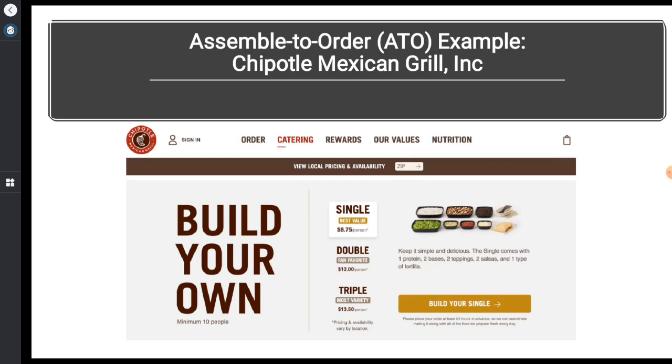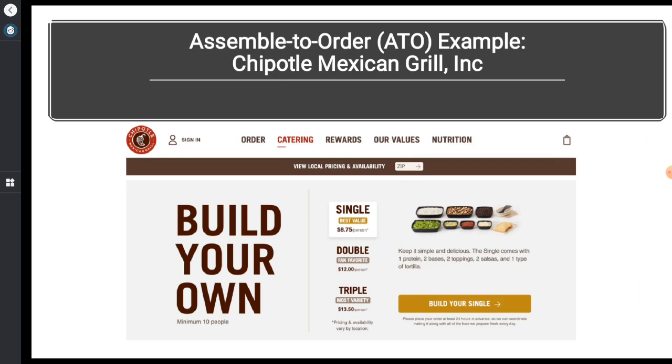So you have a customized meal. There are a lot of other examples around us. I think Subway is also very similar to the options available from Chipotle, if you are more familiar with Subway, because it's here in Egypt. So yeah, this is assemble to order strategy.